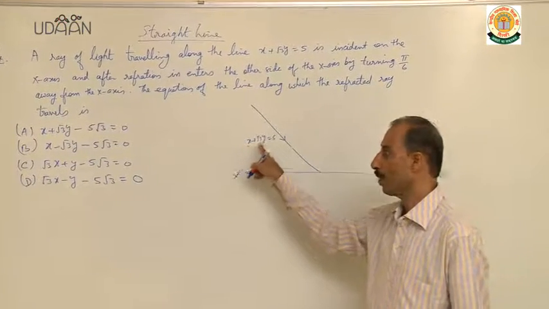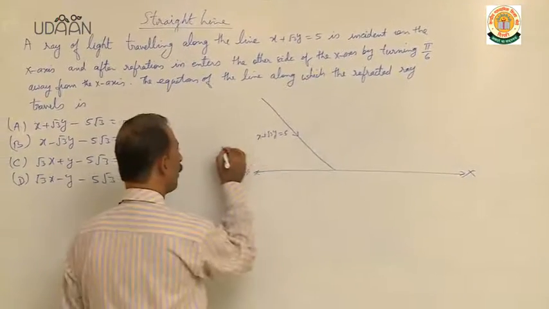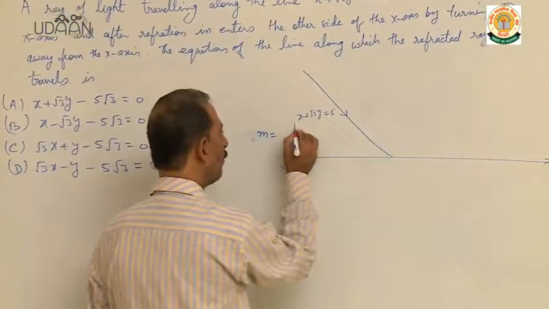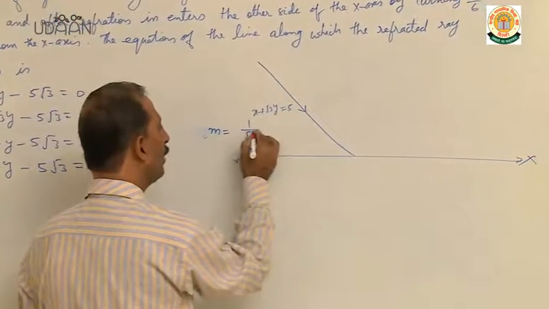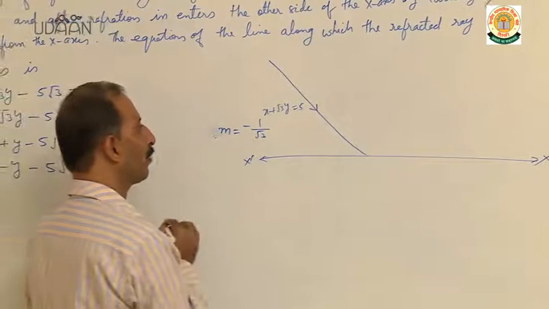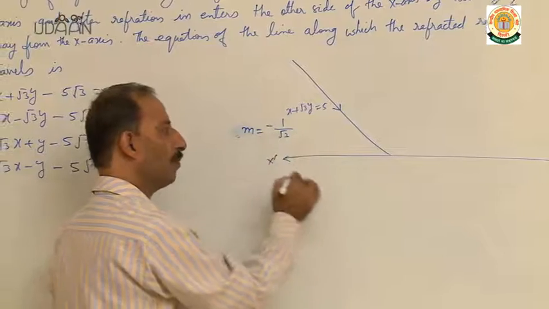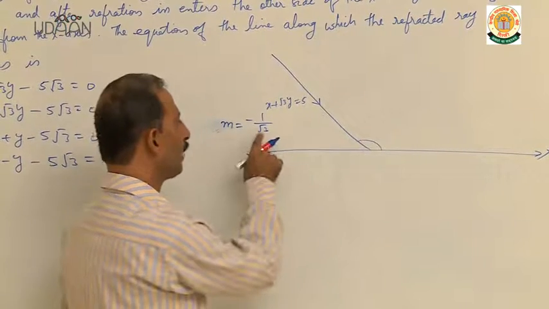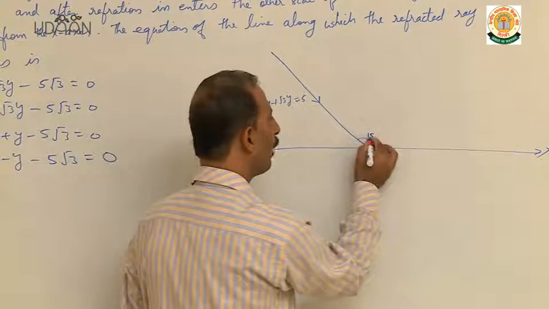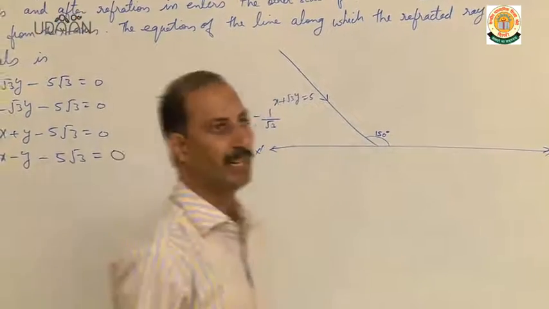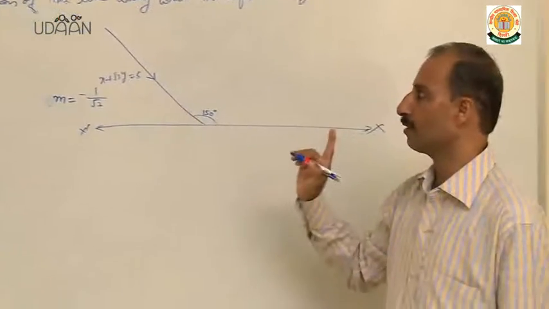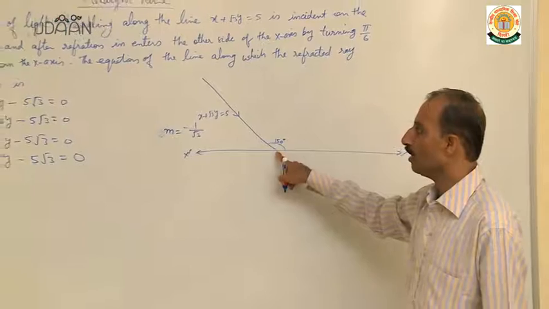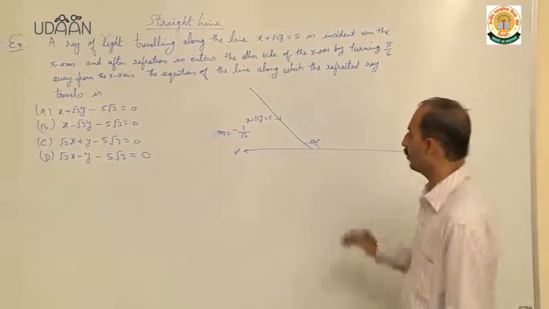The slope of this line is given by the coefficient of x, that is 1, divided by the coefficient of y and multiplied by a negative sign. So it means minus 1 upon root 3 is the value of the tangent of this angle. So tan theta is minus 1 upon root 3. This angle will be 150 degrees. Okay. So the line makes an angle of 150 degrees with the x-axis. Now when it enters after the refraction, the line will not go along this direction.